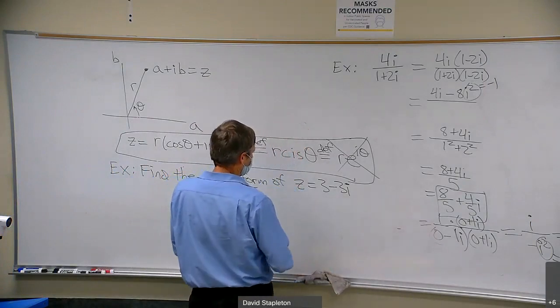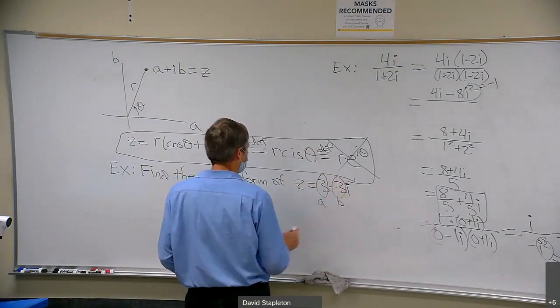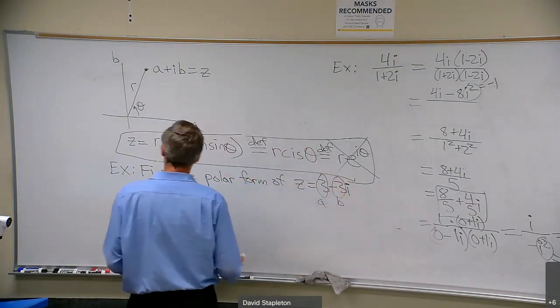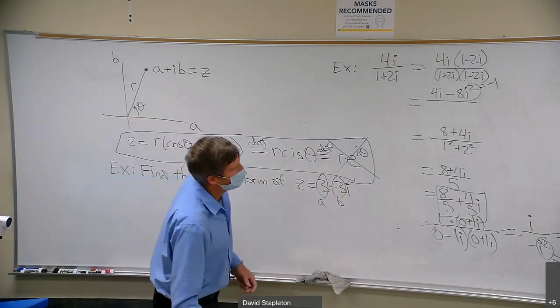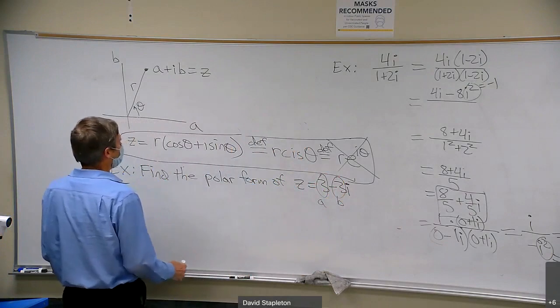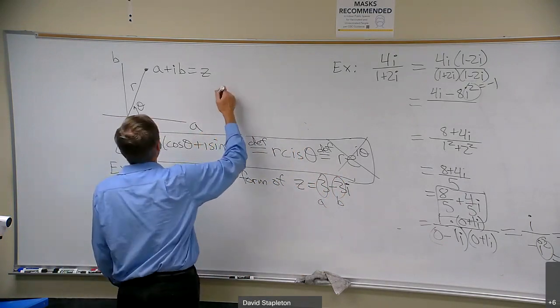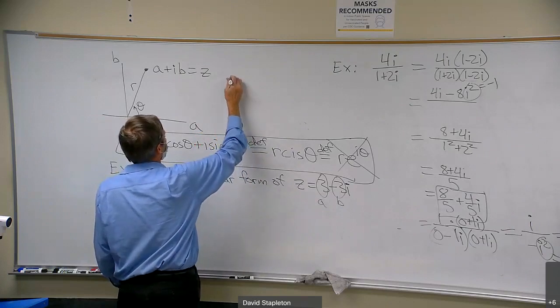What we'll do is we'll say this is A, this is B, A is 3 and B is -3. I didn't write down the thing there, but this is what we use, the conversion equations. It's the same as for polar coordinates, except we don't allow r to be negative.